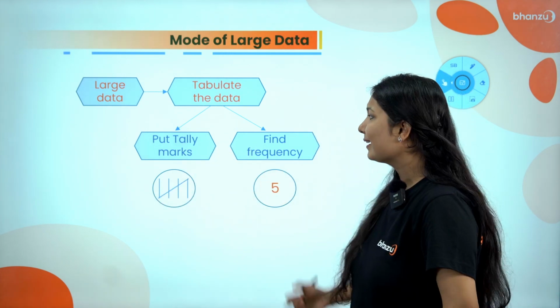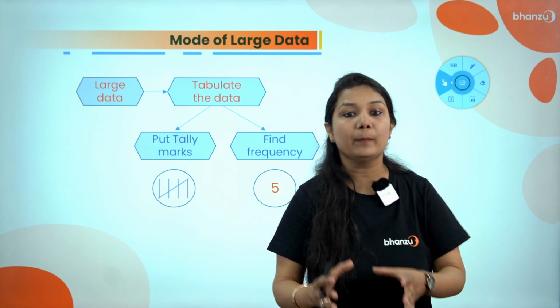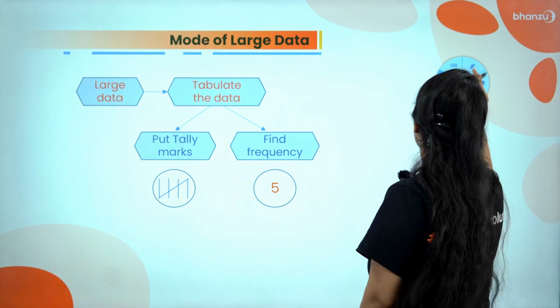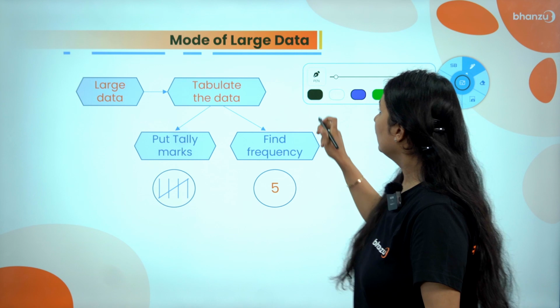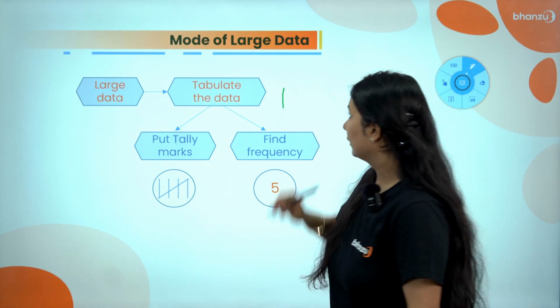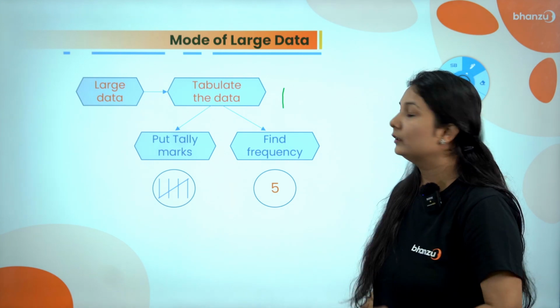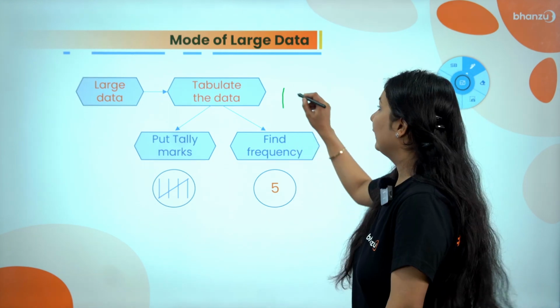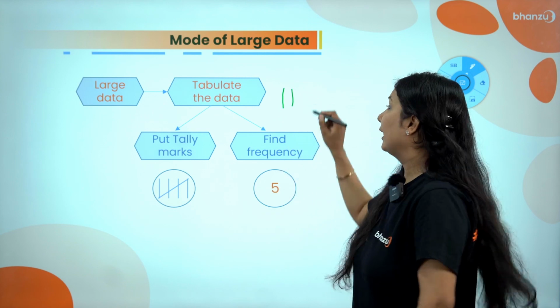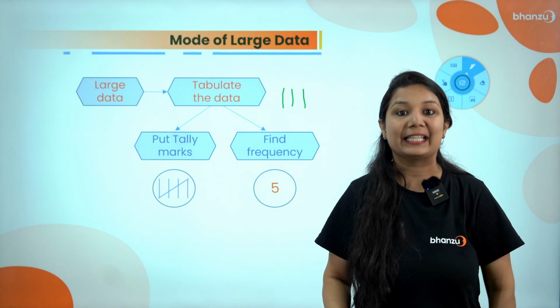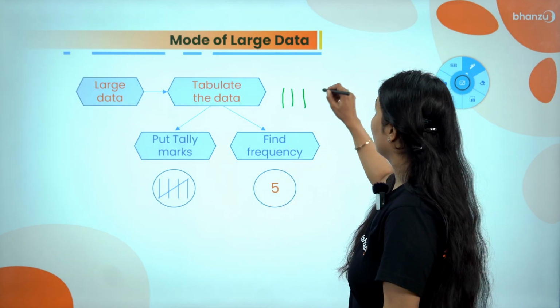So, what are tally marks? Tally marks are when you see a particular observation and we put a line for it, right? Suppose 2 is coming 6 times, so what will I do? I will read the first 2 and put a line. I will read the second 2 and put a line. I will read the third 2 and put a line. I will read the fourth 2 and put a line.